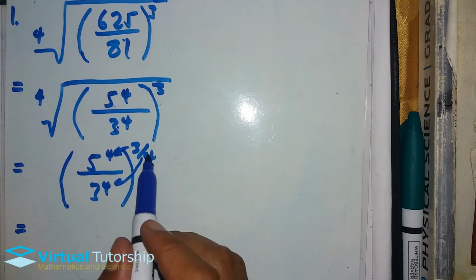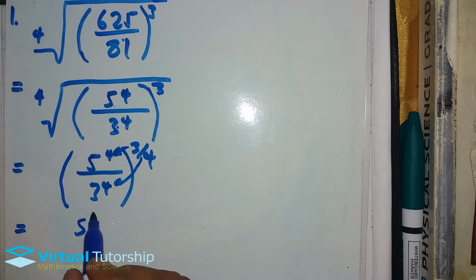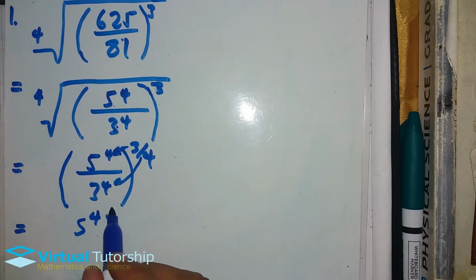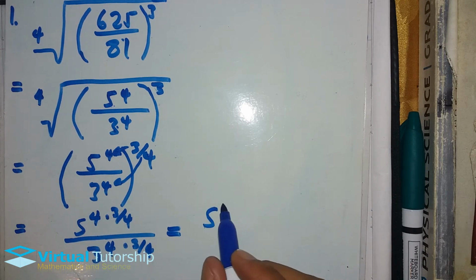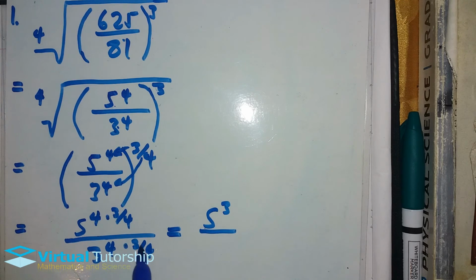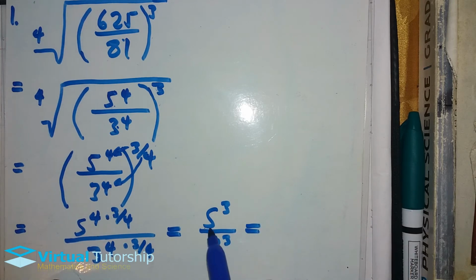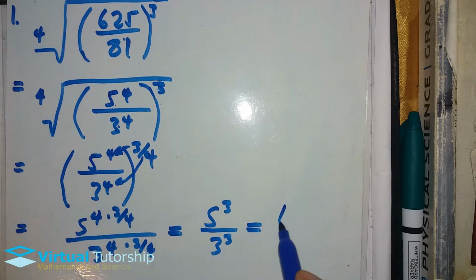So you multiply this one and this one, so 5 exponent 4 times 3/4 over 3 exponent 4 times 3/4. So answer yami kuyoba ubani, multiply this fraction na this 4, ngithola 5 exponent 3, this fraction times 4 ngithola 3 exponent 3, equal to. So lama answer wakho asekugcineni la ungawa-convert, I think la kuzoba 125.